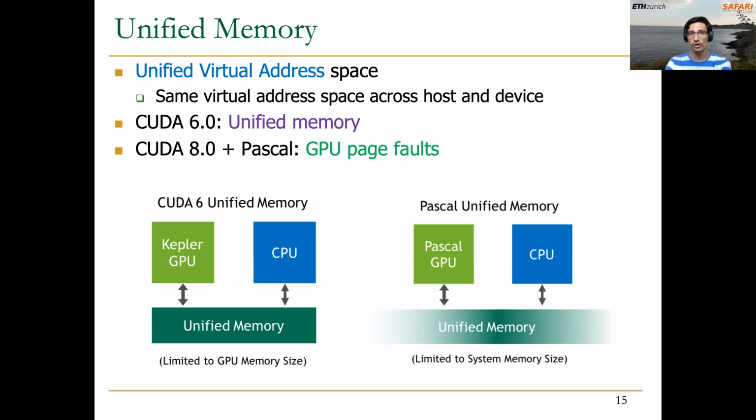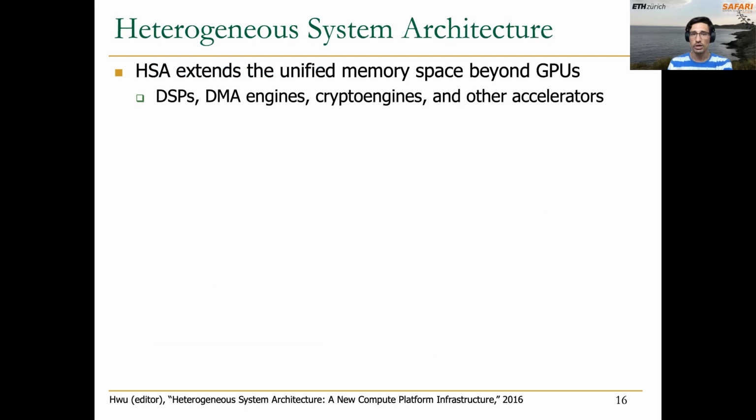This concept of unified memory was not only invented in CUDA, it also appeared, more or less at the same time, for other architectures as well. It's what they call the Heterogeneous System Architecture, that, similarly to the unified memory in CUDA, extends the unified memory space beyond GPUs, and not only GPUs, but also other accelerators like DSPs, DMA engines, or crypto engines.